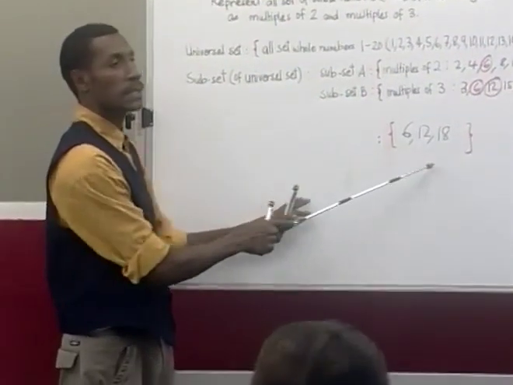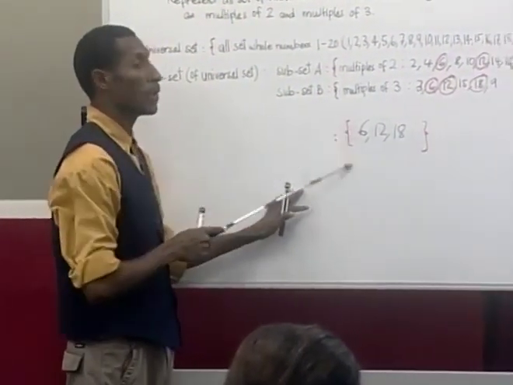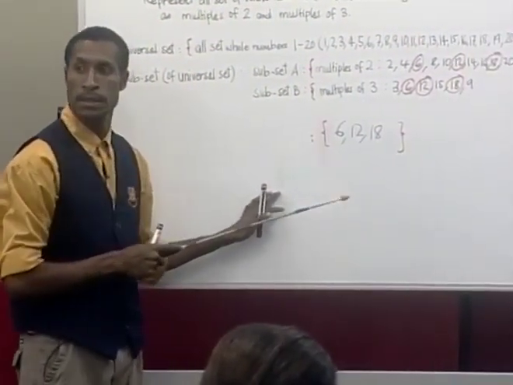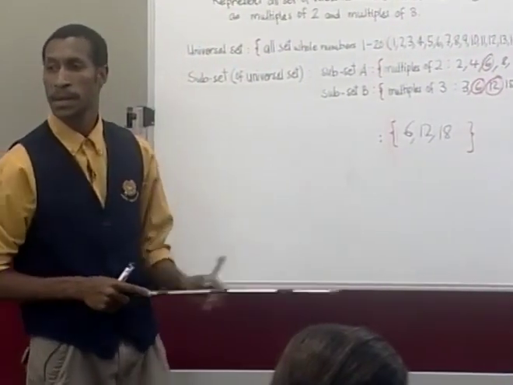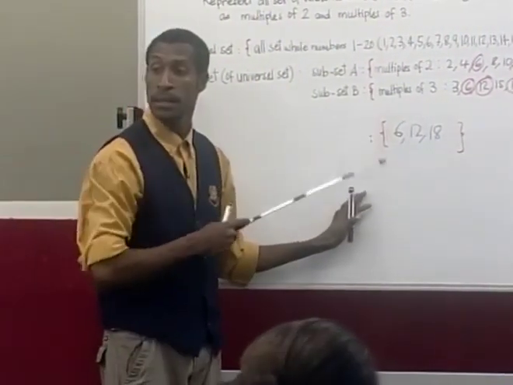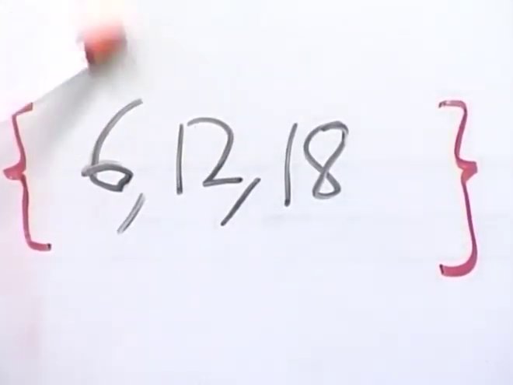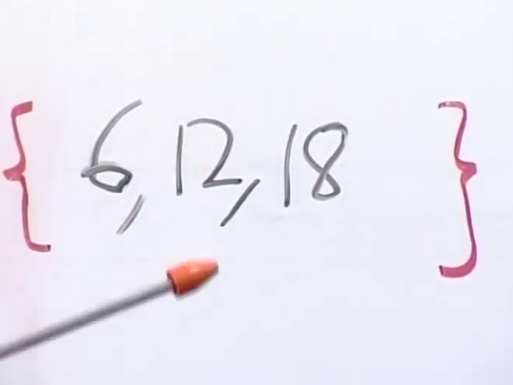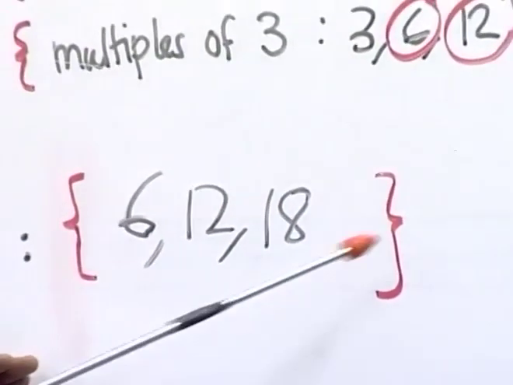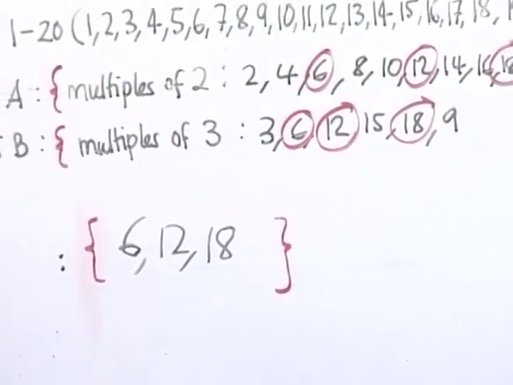What do we call this set of numbers? Common? Okay, common, they are correct. They are common multiples of 2 and 3. But in maths, we call these intersections.